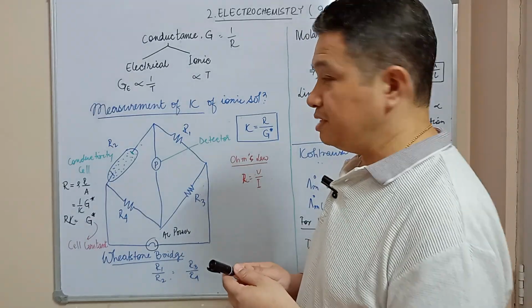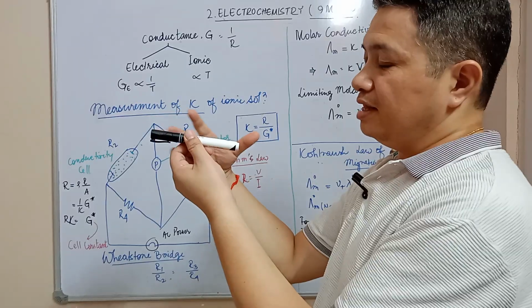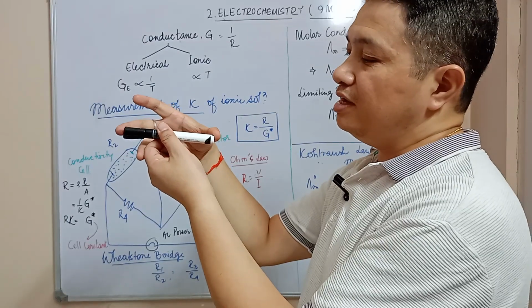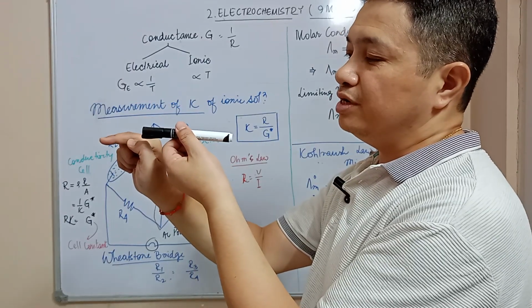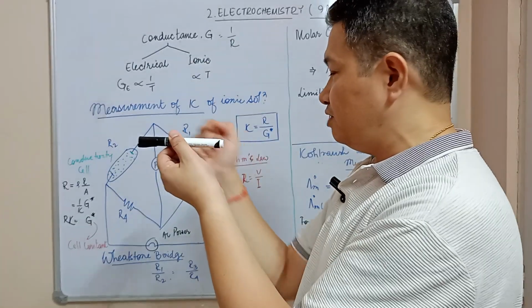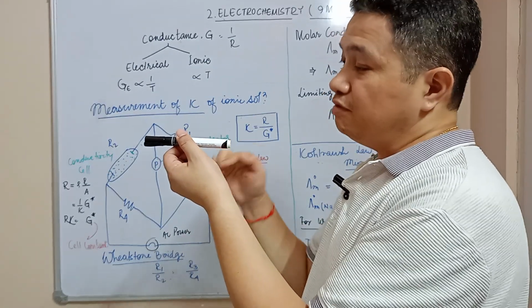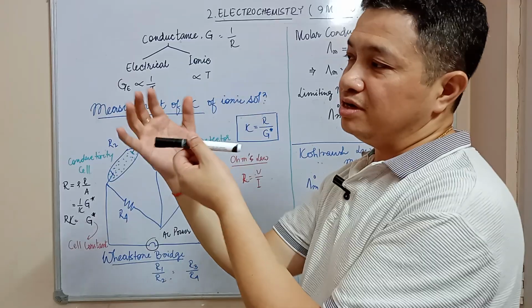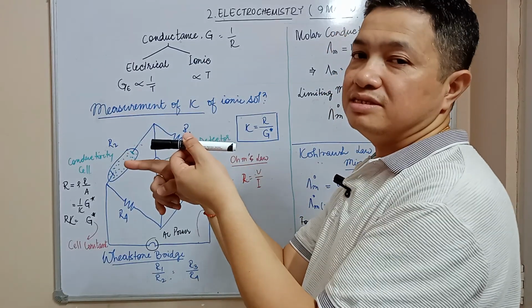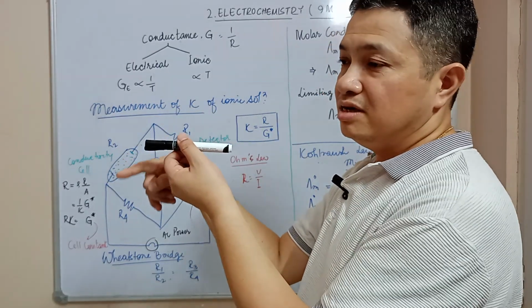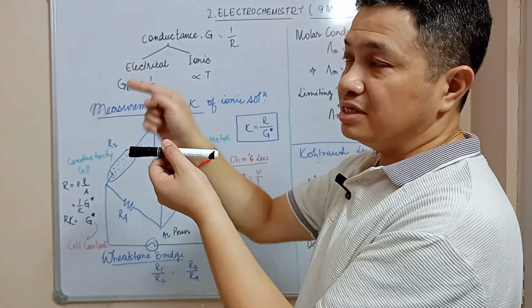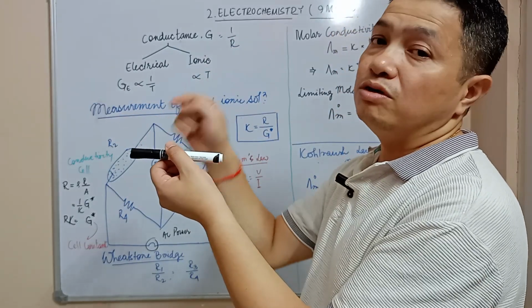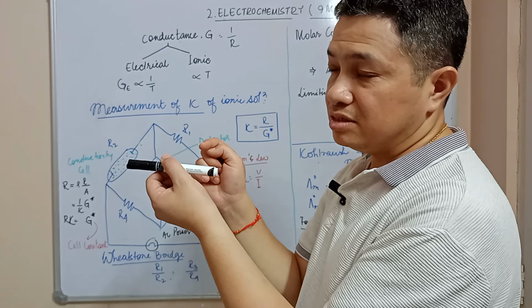What does that mean? It means that if this is V and this is the I flowing through it, the ratio V to I is R, right? So if you increase the V, accordingly I will also increase. The current flowing through will increase, but the ratio of V to I will remain constant, and that is called the resistance of the conductor.